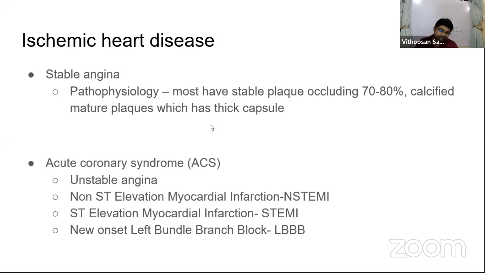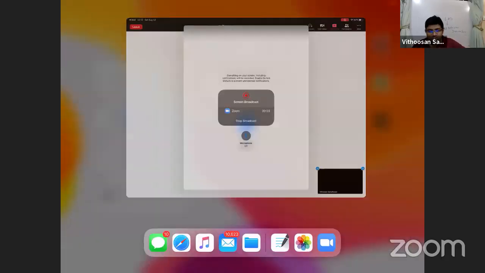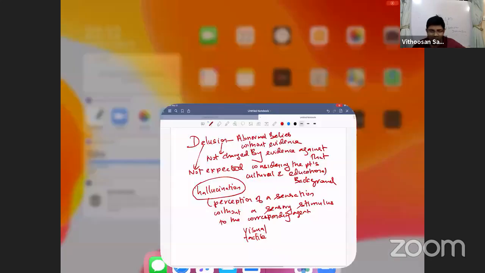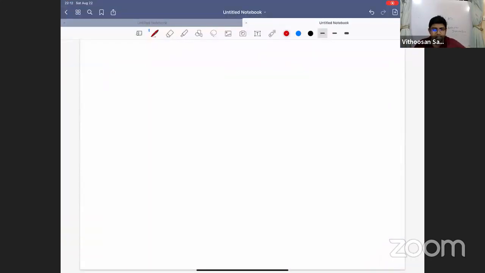Otherwise, when they are at rest, they are okay. That's what it's called, stable angina. As the name says, they are stable at rest.